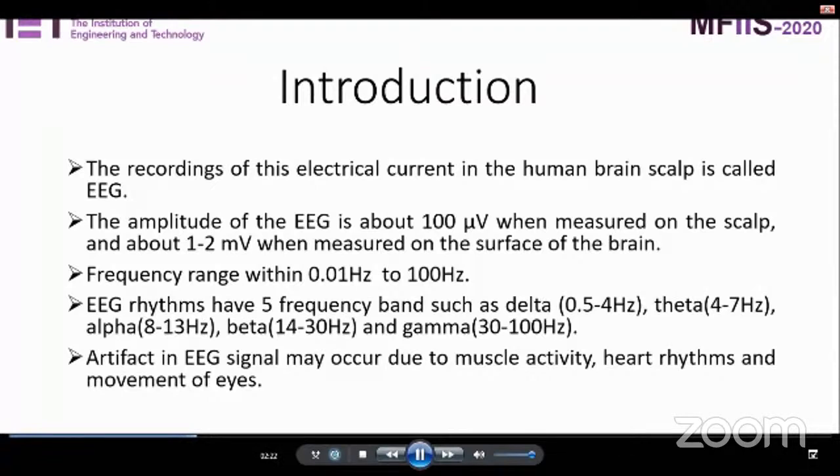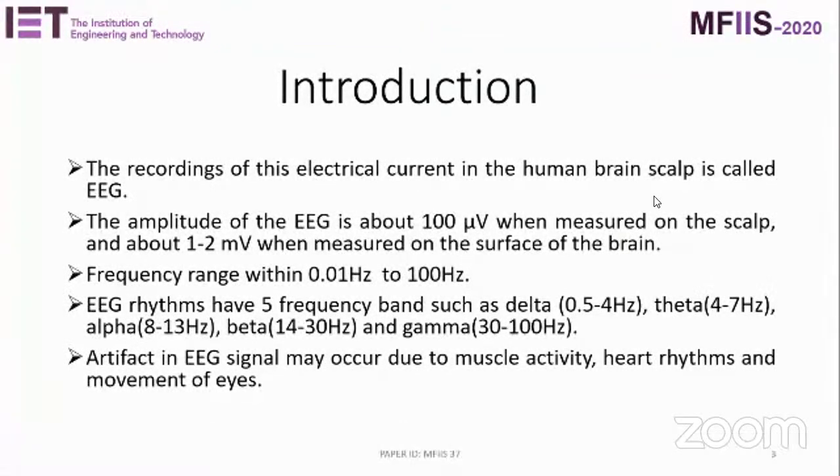The artifact may occur due to external sources or due to internal sources. The artifact is the unwanted signal that is mixed with the EEG signal, due to which we cannot obtain the clinical information properly from the EEG signal.